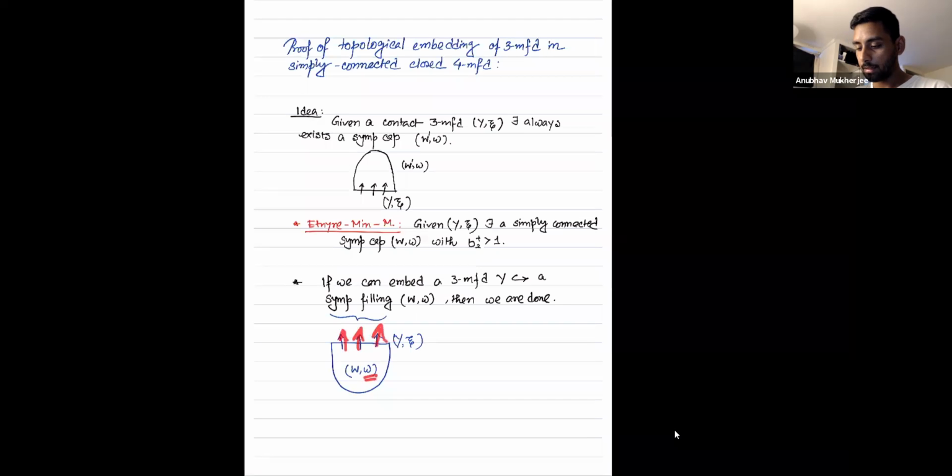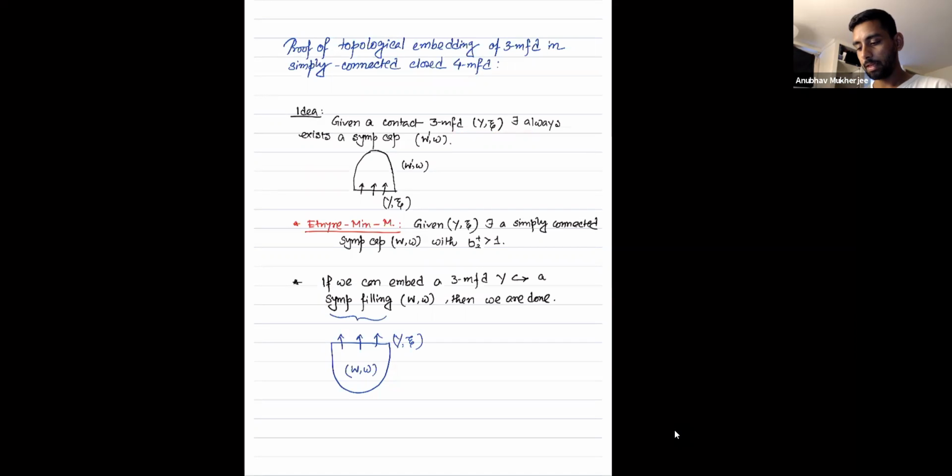This is the difference between a cap and a filling. For the cap case, the Liouville vector field is pointing inwards with respect to the boundary, whereas for the filling, the Liouville vector field is pointing outward. Although the cap always exists, the fillings are very rare.